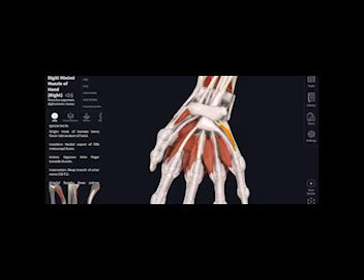Once again, we have abductor, whether it's pollicis brevis or digiti minimi, we have flexor, and then opponens. Those are the three same muscles that we have on both the thenar and hypothenar sides of the hand. Okay, so that would complete the musculature of our hand.